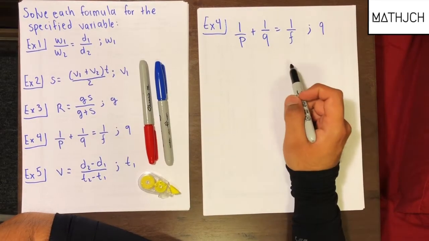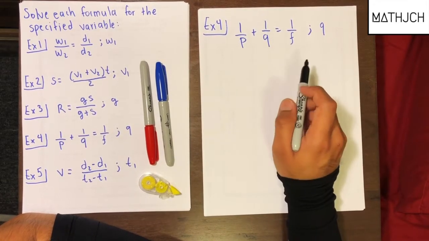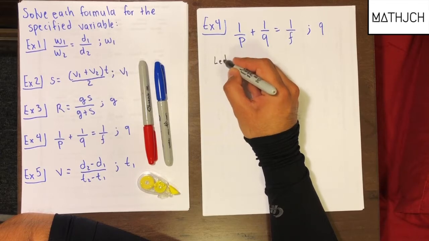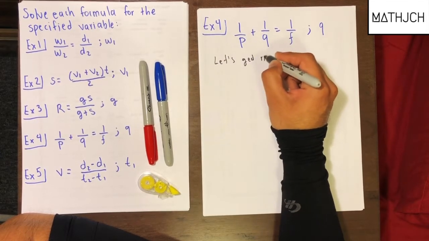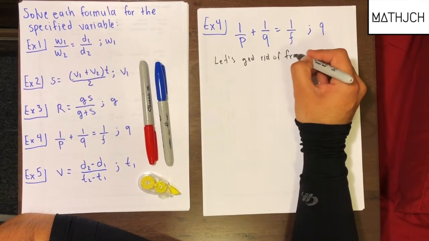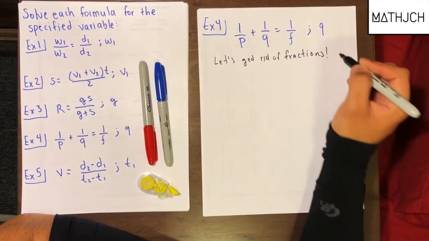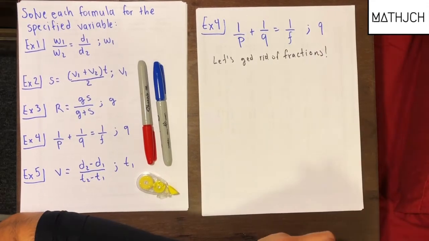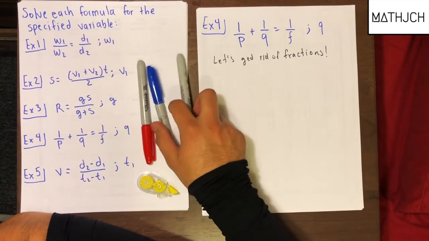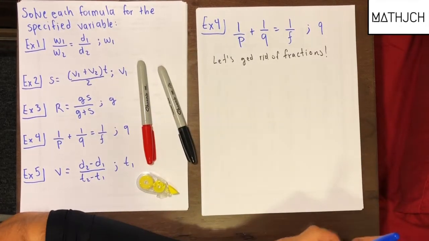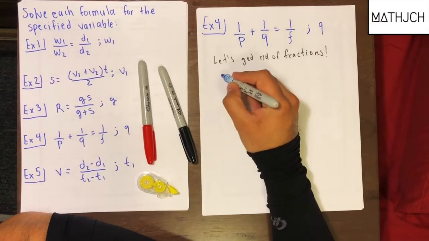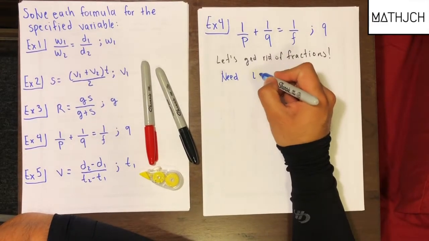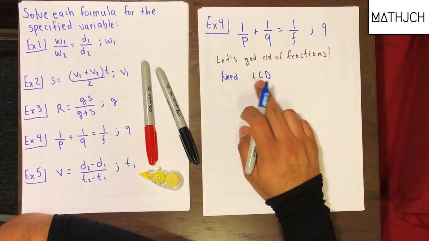The first step is to get rid of fractions, okay? Because we obviously don't like fractions. So to get rid of fractions, we want to find the least common denominator. So we need the LCD, the least common denominator.